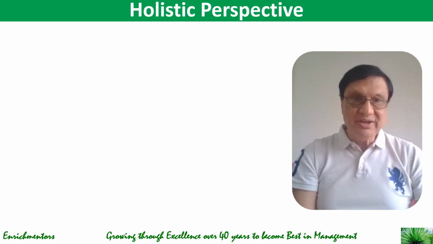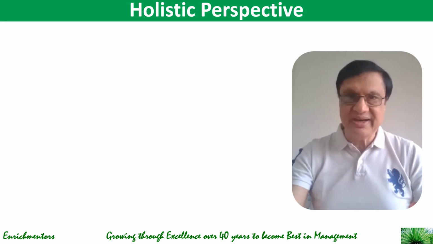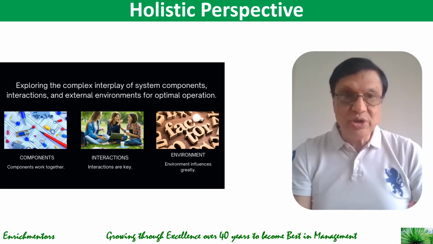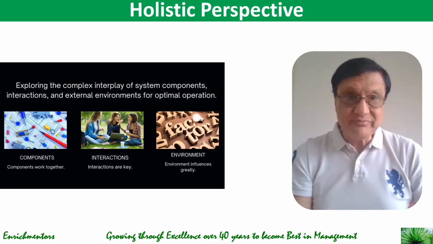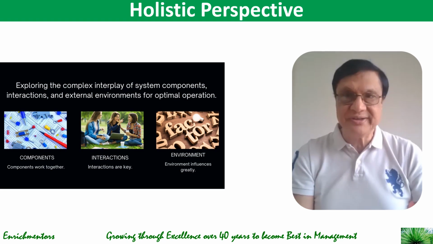System thinking encourages viewing organizations and systems as interconnected wholes rather than a collection of isolated parts. It emphasizes understanding how the various components of the organizational system interact and influence each other.